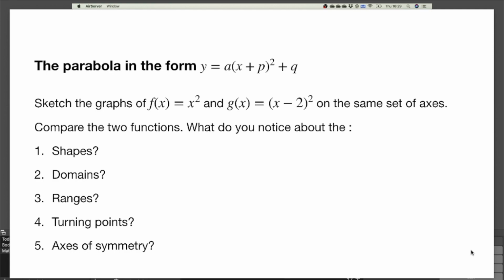I'm going to draw these graphs together on the same set of axes, and I want you to compare the two graphs and come up with your conclusions regarding the shape of the graphs, the domain, the range, the turning point, as well as the axis of symmetry.